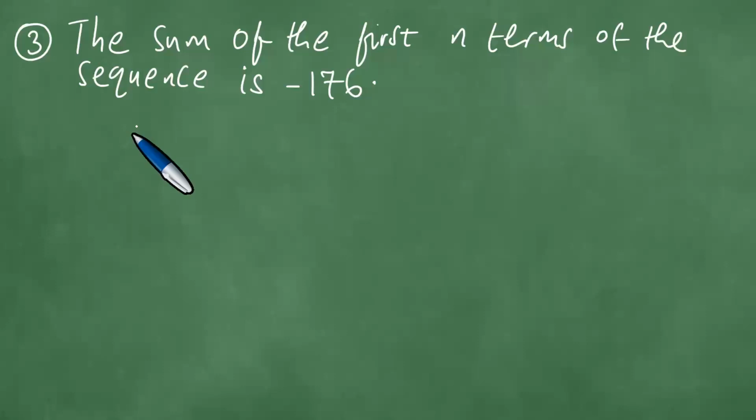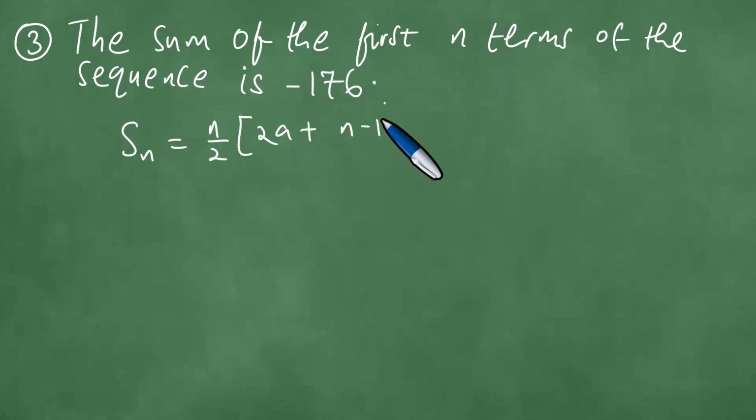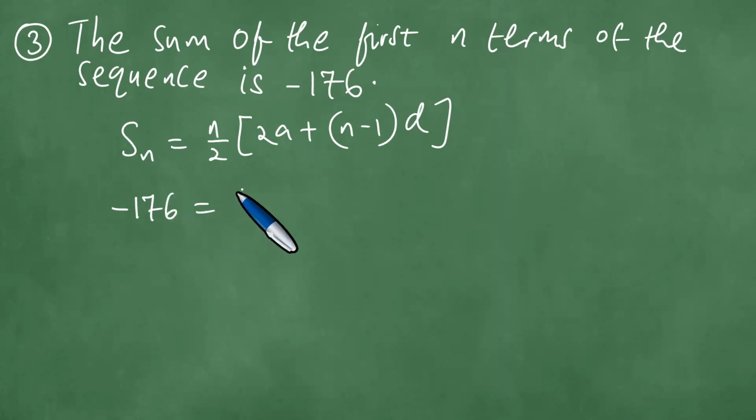We need to note that we are dealing with the summation formula here, which is n over 2 times (2a plus (n minus 1) times the common difference d). We've been told the sum is -176, so we put -176 in place of the sum. We need to find n, so n stays in the formula.